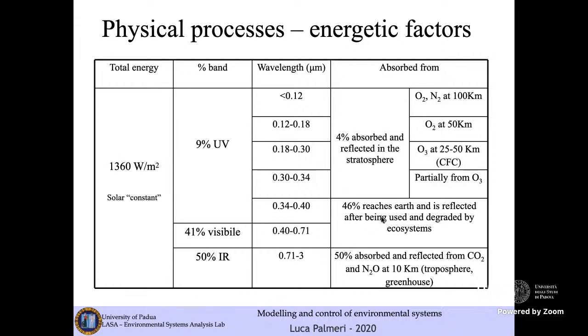Of this radiation, 50% is absorbed and reflected by the various gases in the atmosphere, and this happens in the troposphere, the lower part of the atmosphere. So we are talking here about greenhouse effects, and the gases that absorb these energies, the thermal energy, are CO2, N2O, or other greenhouse gases.